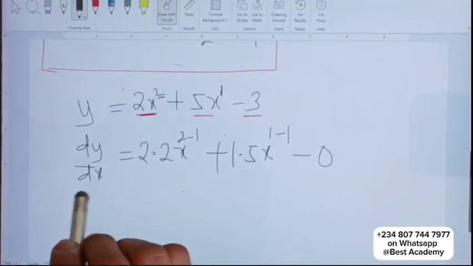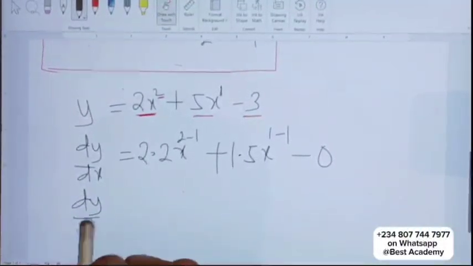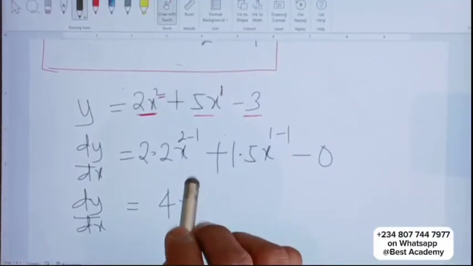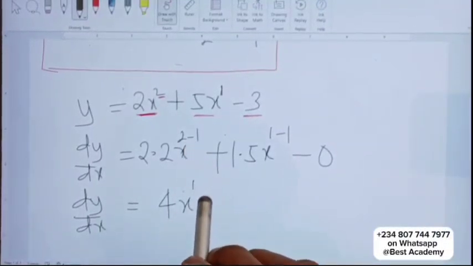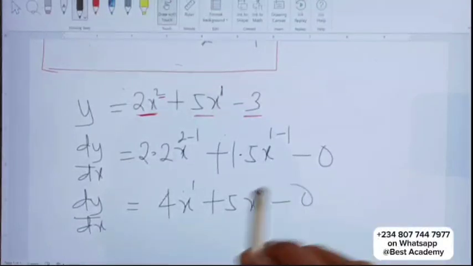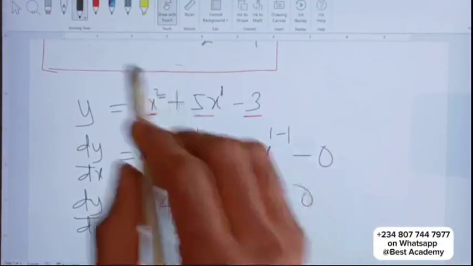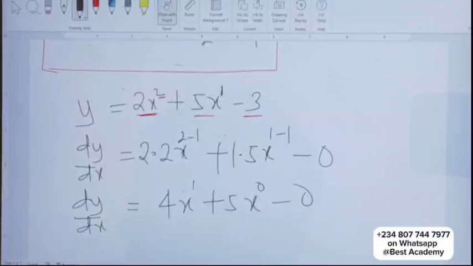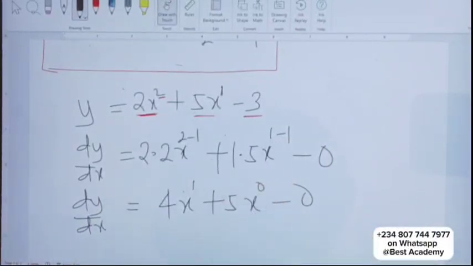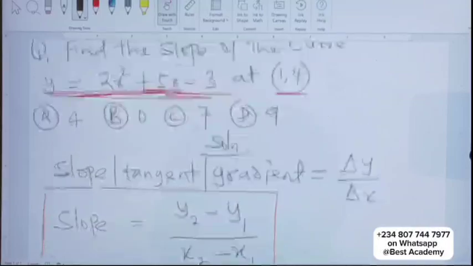Now let's evaluate this. dy over dx will be equal to 4s raised to the power of 1, plus 5s raised to the power of 0, minus 0. Now 1 minus 1 gives us 0, but remember that anything raised to the power of 0 is 1 in terms of indices.